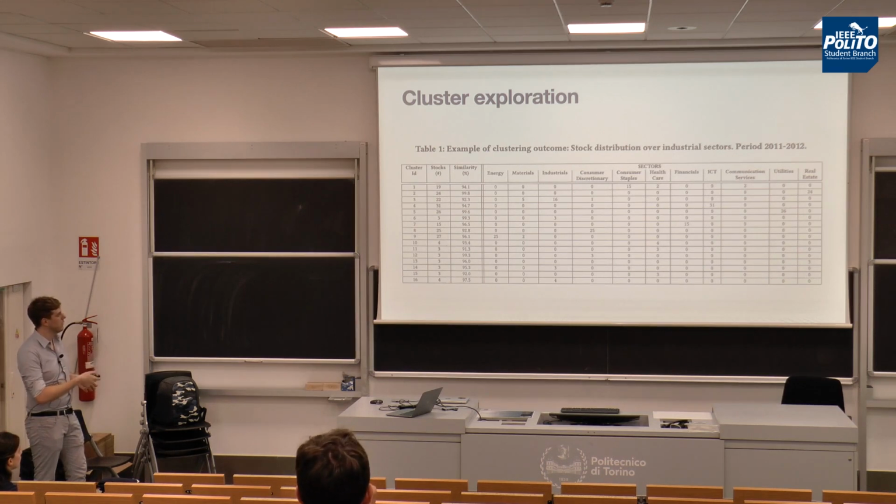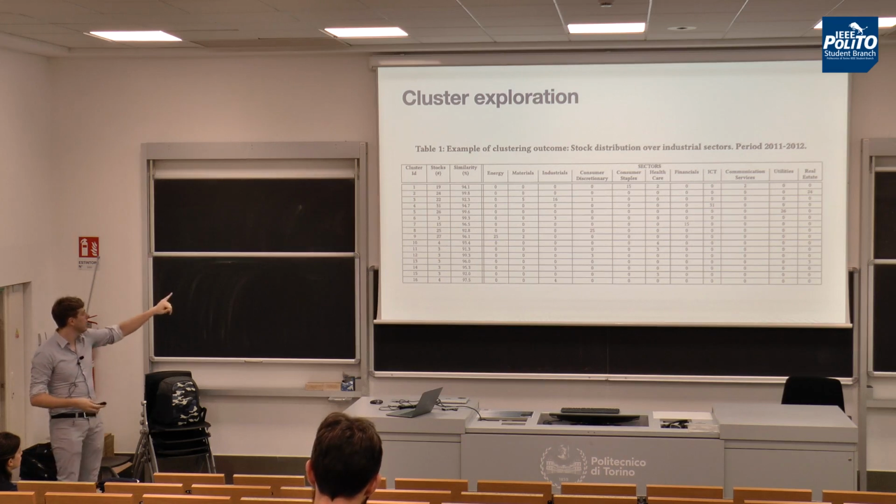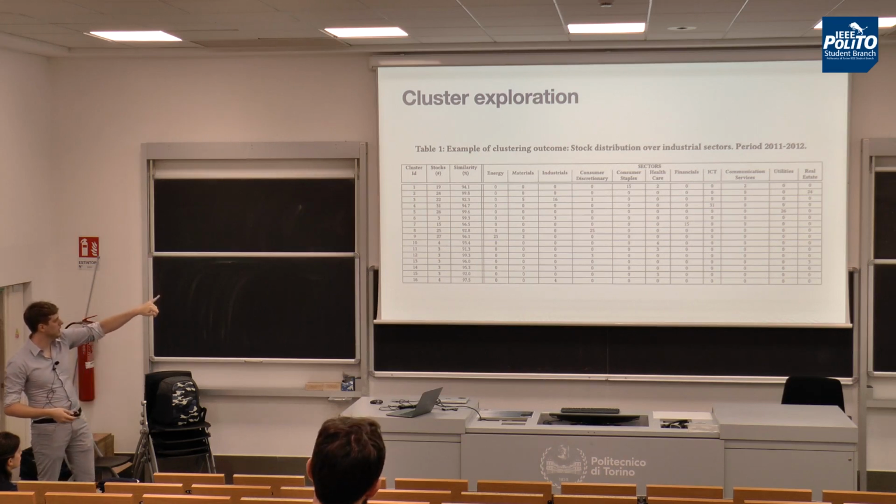So this is an example of a clustering outcome. Clusters are on the left, and you can see the distribution of stocks in the various sectors for each cluster.